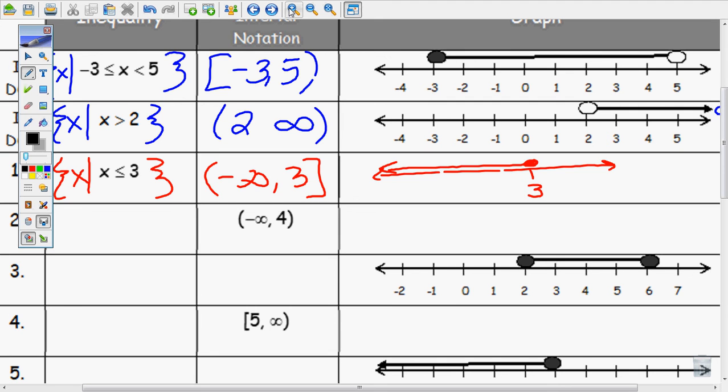At 5, it said less than, so I'm going to use a parenthesis. And then my graph, I start at -3 with a closed circle. I end at 5 with an open circle.